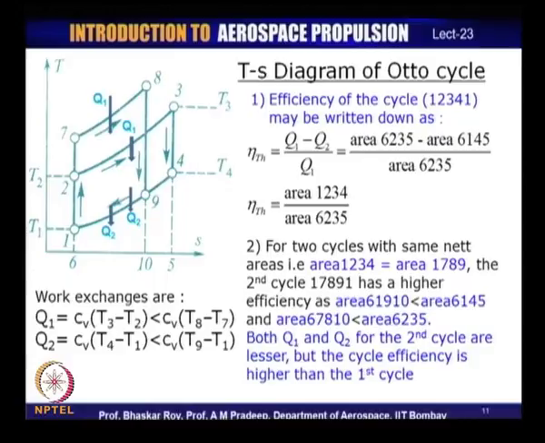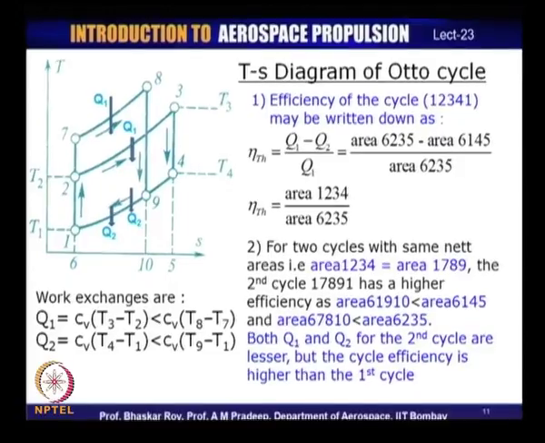So, as a result, the efficiency, which is now given in terms of the net area and the heat input into the system, because the area of 6, 1, 4, 5 is actually higher than 6, 1, 9, 0, comes out to be much higher for the second cycle.